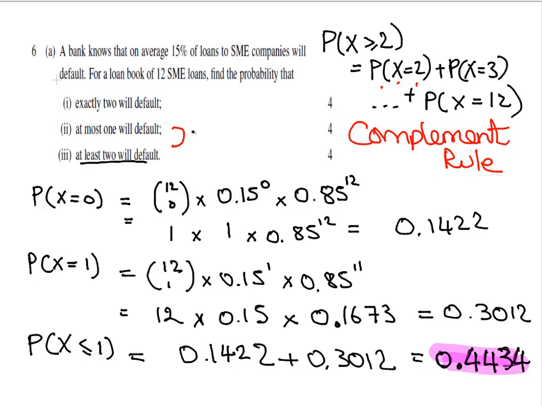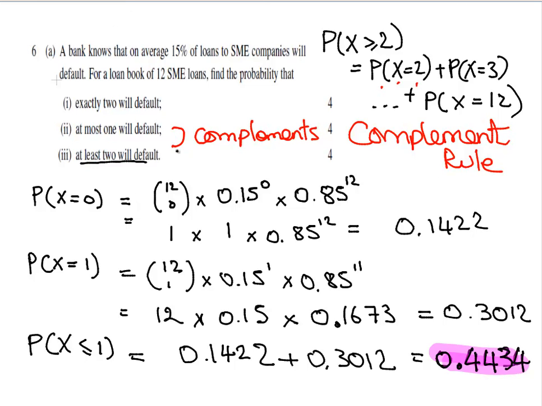It is the complement of at most 1. These are complements of each other. At most 1 will default, at least 2 will default. These are two mutually exclusive events, and they're also complements. So the probability of at least 2 defaulting is 1 minus the probability of at most 1 defaulting.